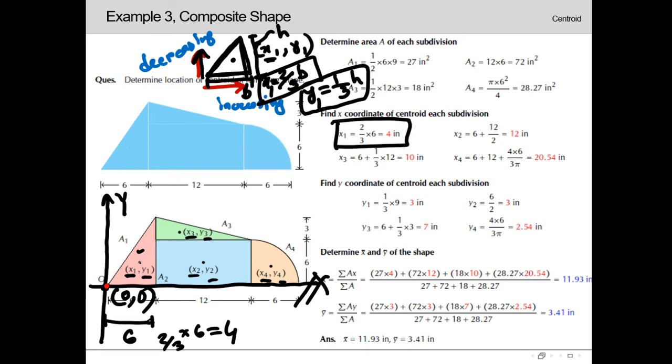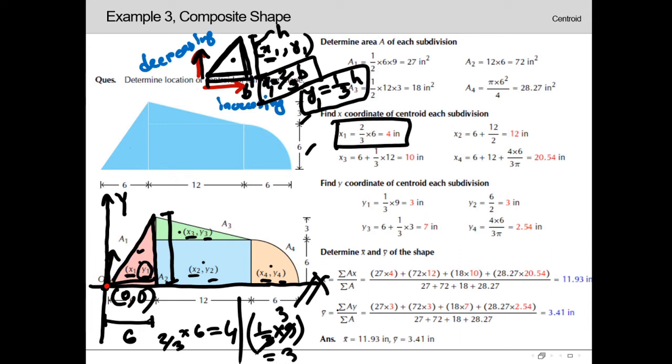Now to calculate y1, we need to move along the y-axis. Along the y-axis the segment is decreasing, so facing a decreasing segment, it will be 1/3 into the total length along that axis. Along the y-axis the total length is 6 plus 3, which is 9. So 1/3 of 9 is 3. So the value of y1 will be 3.